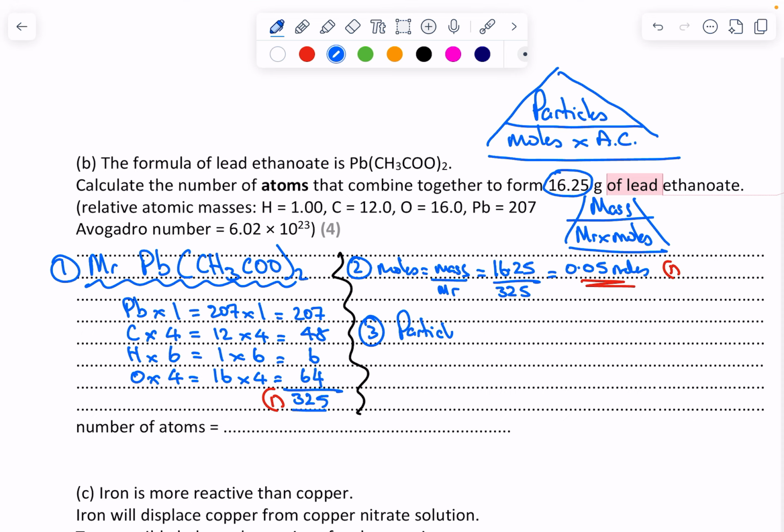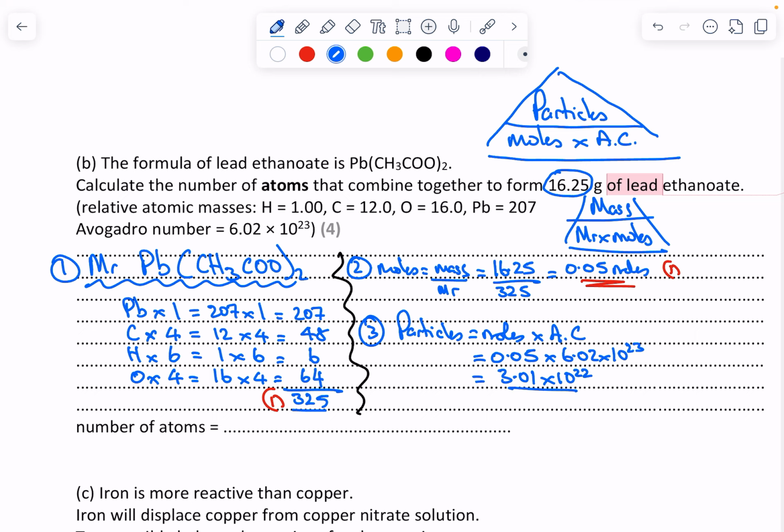So the number of particles is the moles times by Avogadro's constant. So the moles in this case is 0.05 moles of the lead ethanoate times by Avogadro's constant, which is 6.02 times 10 to the power of 23, and that gives me 3.01 times 10 to the power of 22.